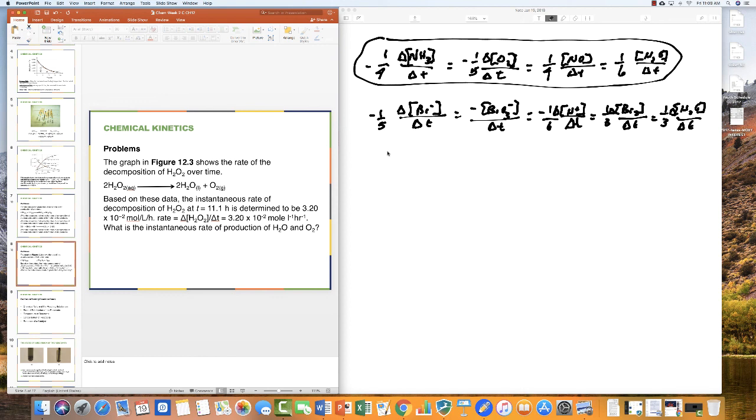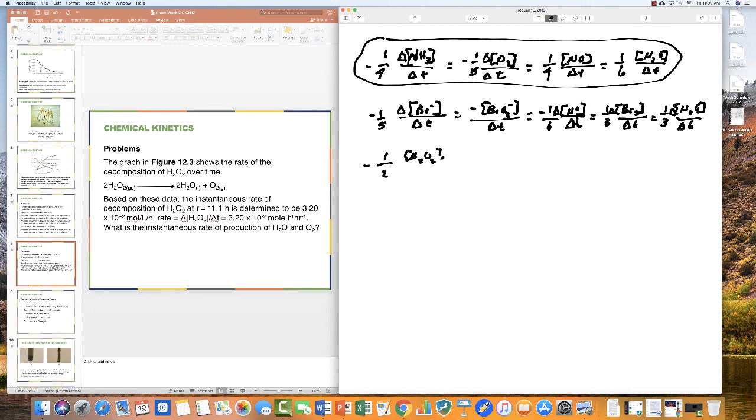Okay, well, remember we said that 1 over 2 times the change in concentration of peroxide over time is equal to 1 over 2 change in concentration of water over time is equal to 1 over 1 delta oxygen over time.